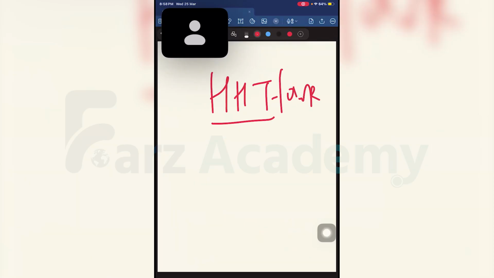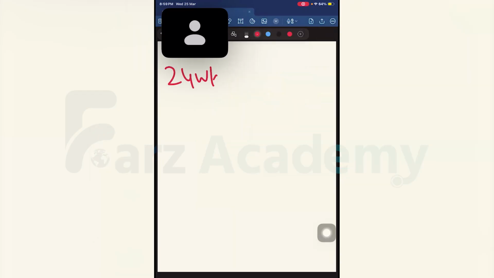This also we saw last time. Autosomal dominant.